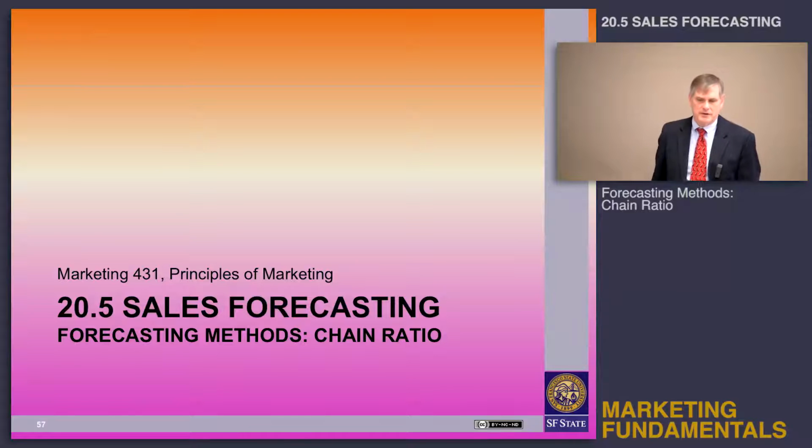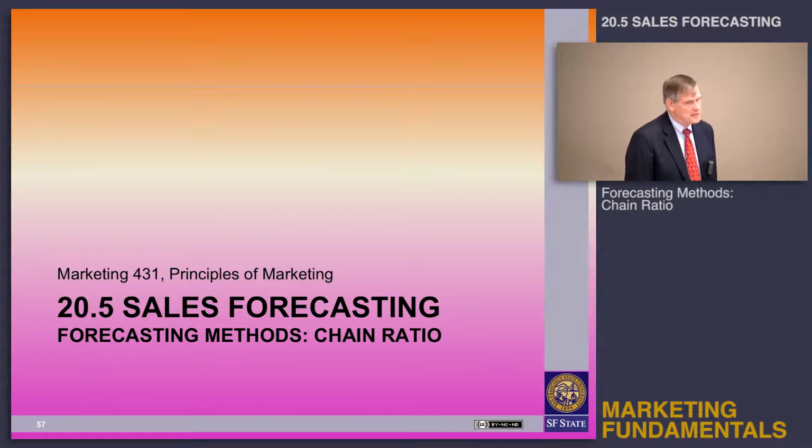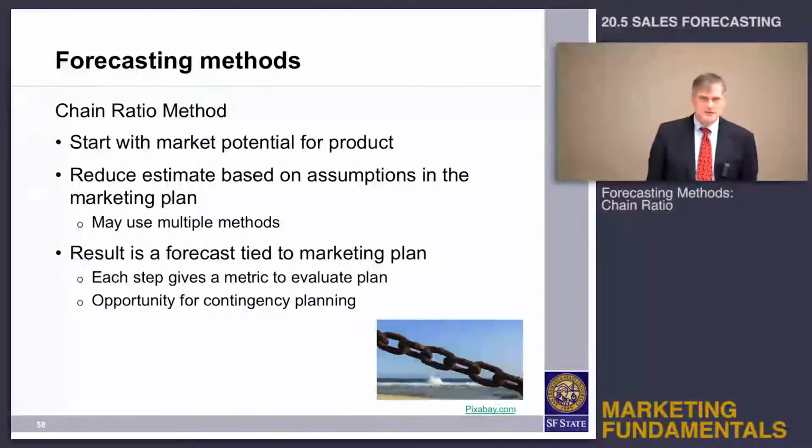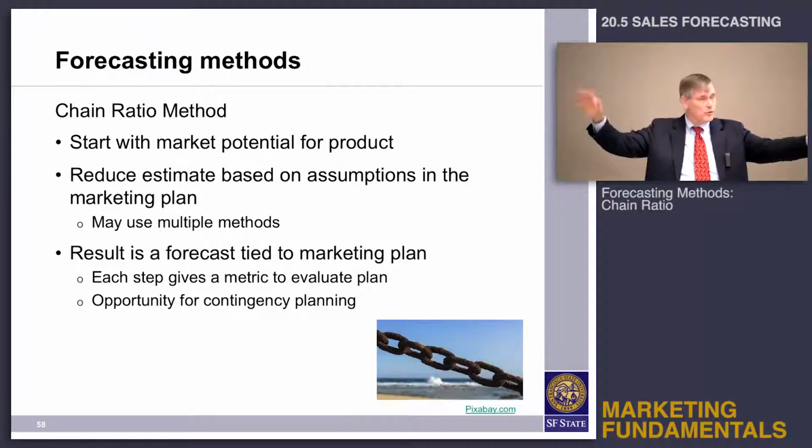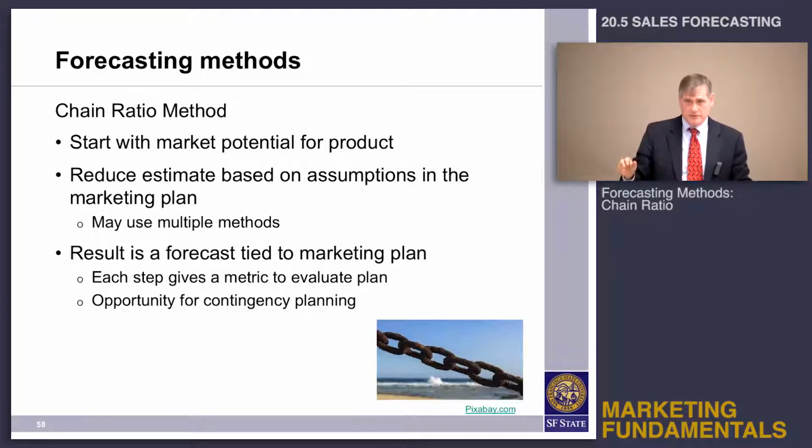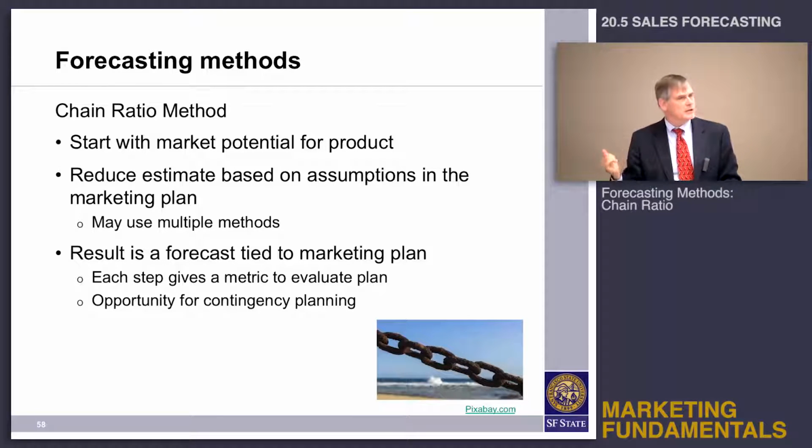The last method I want to talk about is my favorite, the chain ratio method. And this kind of uses all of these, and the way it works is you start out with the market potential for the product. If everything worked right, what will we sell? And then you reduce it by a series of assumptions that are tied to your marketing plan.